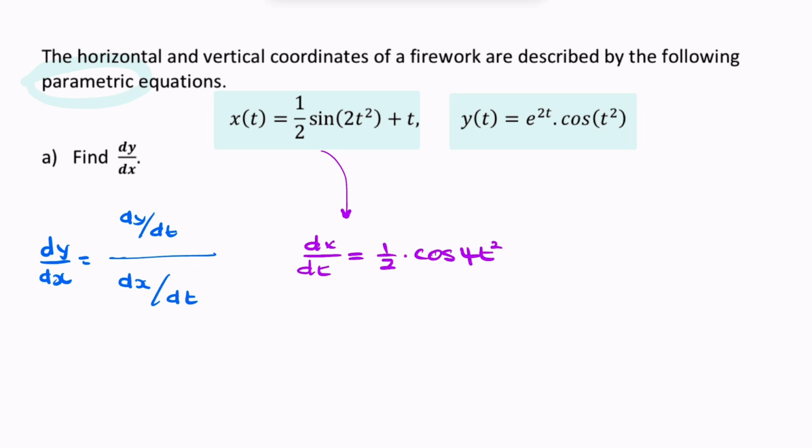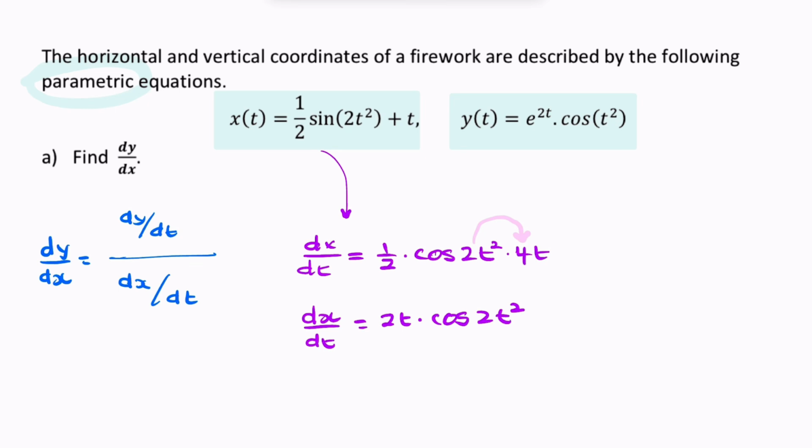But because we have 2t squared rather than t, using the chain rule, we need to multiply by the derivative of 2t squared, and that gives you 4t. So dx by dt is equal to, if you multiply the 4t times half, 2t cosine 2t squared. So that's my dx by dt.